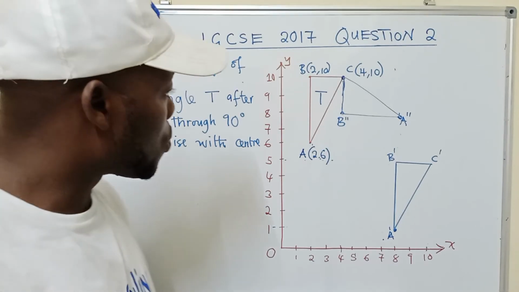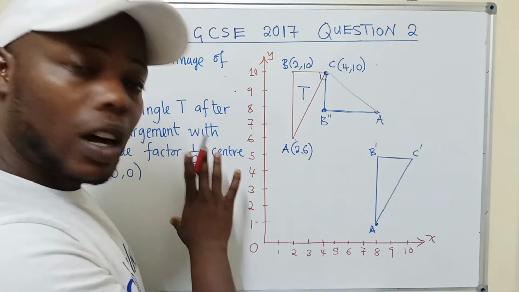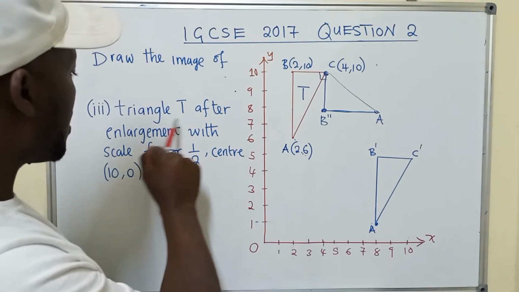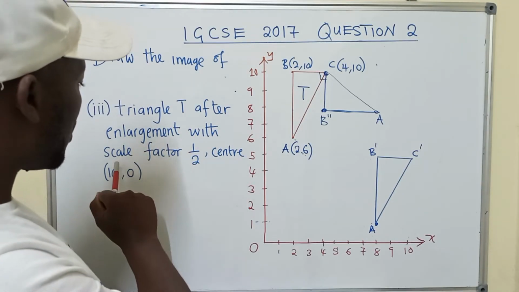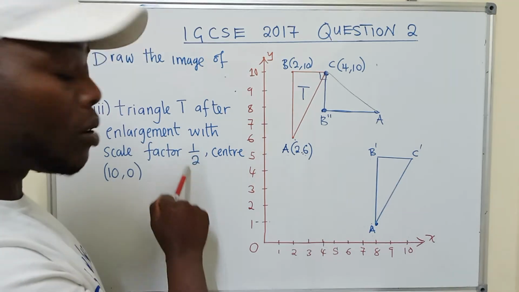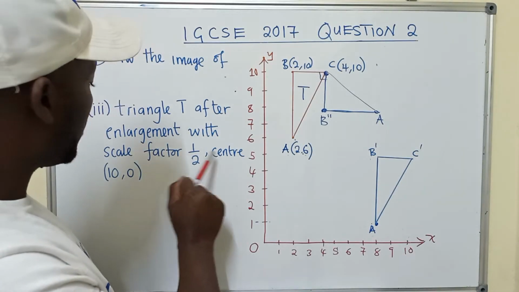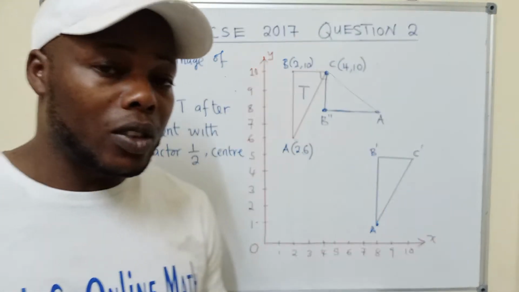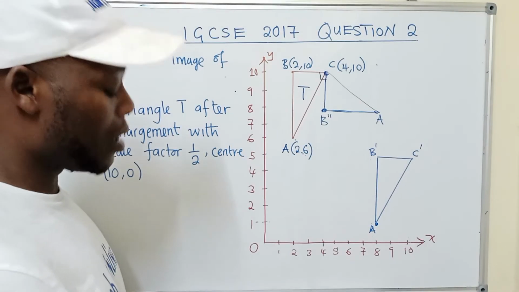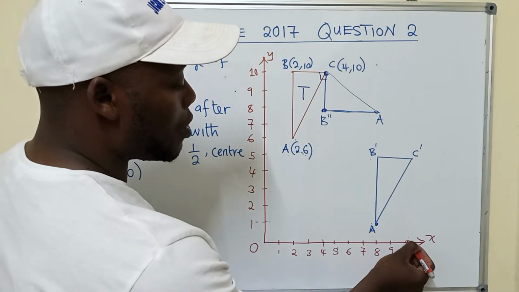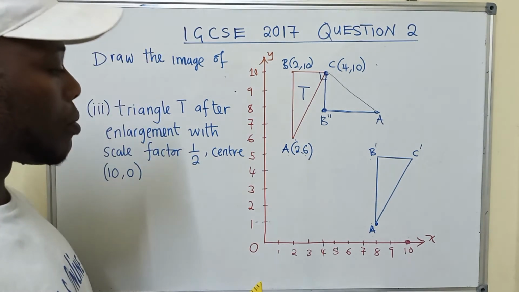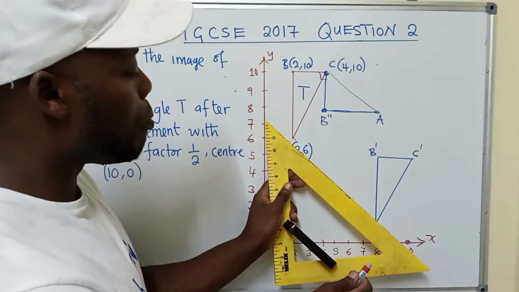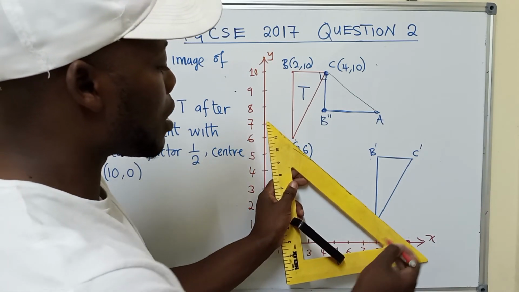We now go to the next question. This other question says draw the image of a triangle T after enlargement with the scale factor they have given us here, 1/2, center (10, 0). So the first thing will be to identify our center. (10, 0) is right here. After you identify that, try to join all the points to the center.